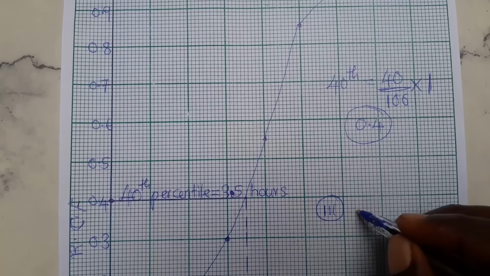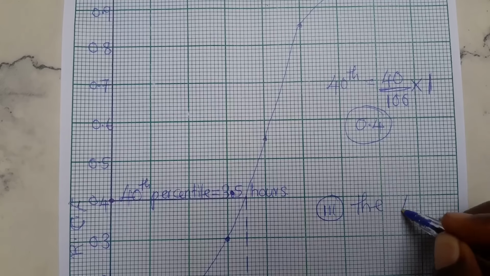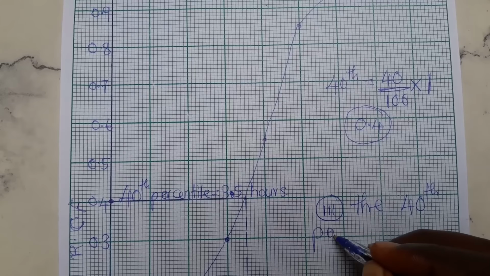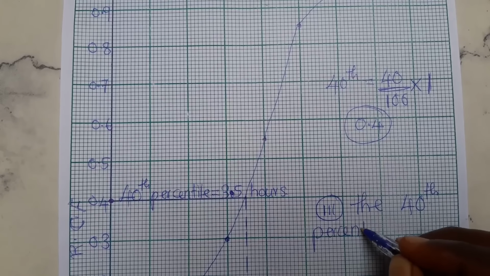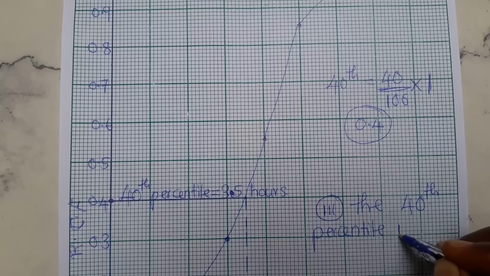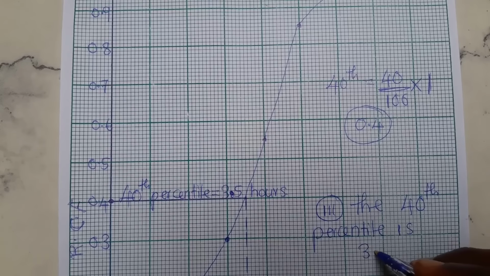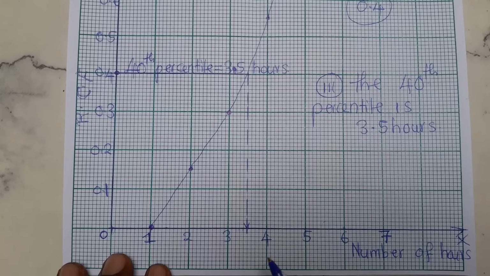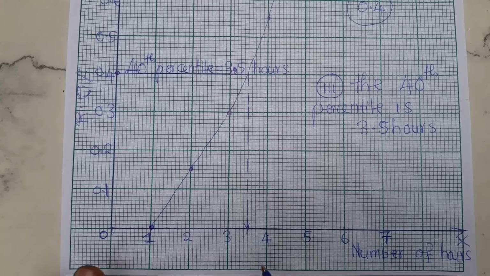Then I say the 40th percentile is 3.5 hours. The answer is here. This is where I need to get the answer.